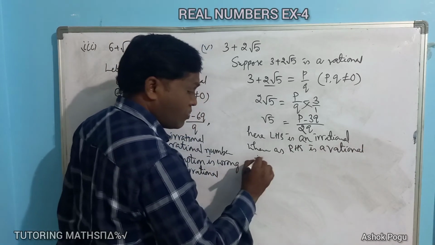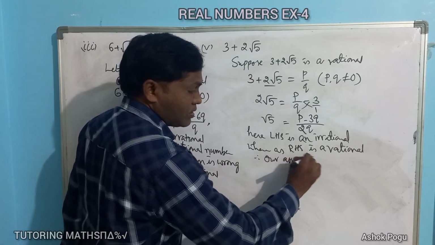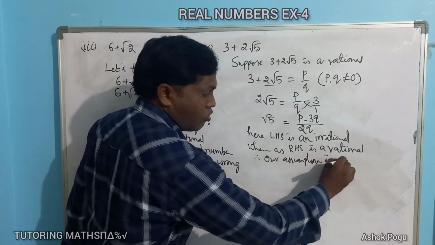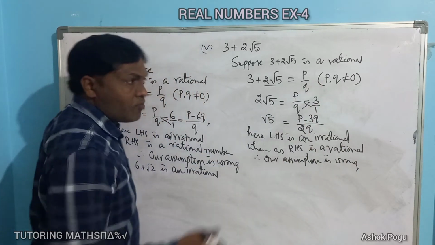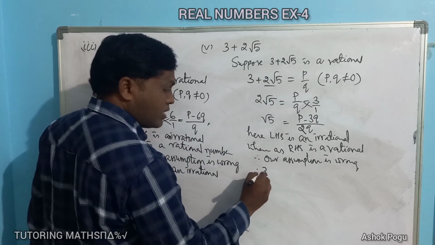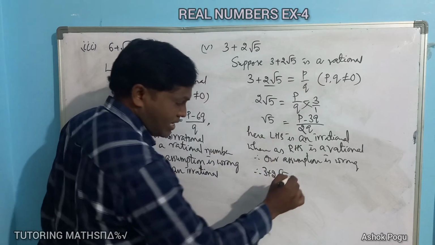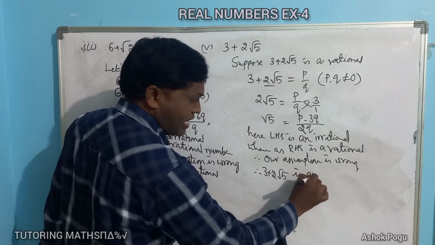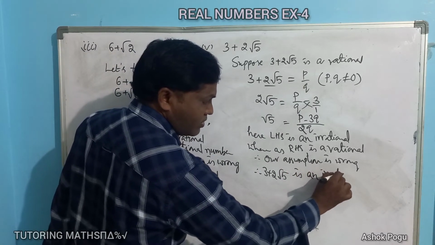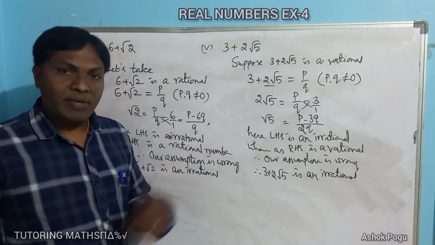So therefore our assumption is wrong. If your assumption is wrong, what you have taken is wrong, so what is correct? So therefore 3 plus 2 root 5 is not rational, it is irrational. So just like this we can complete all the remaining questions.